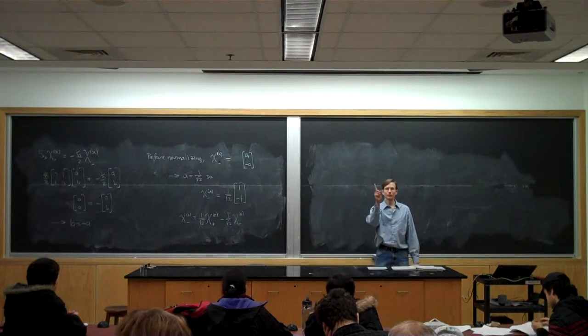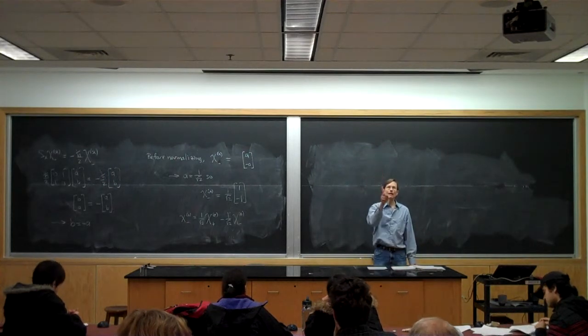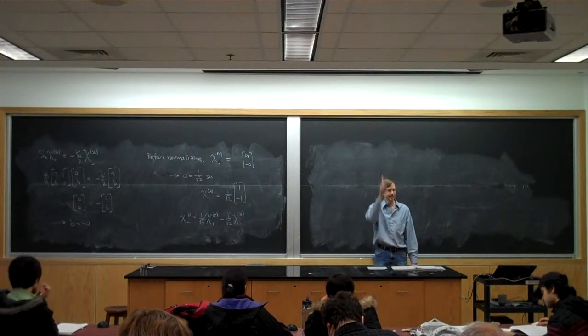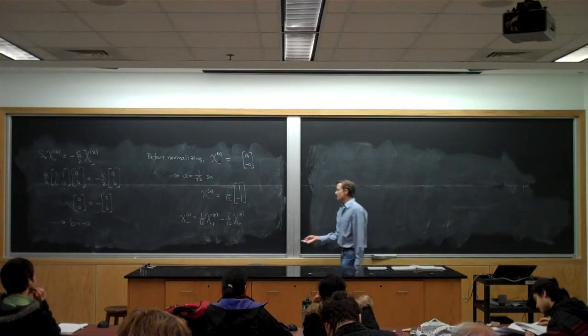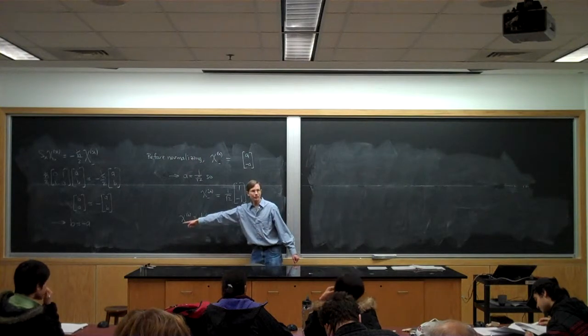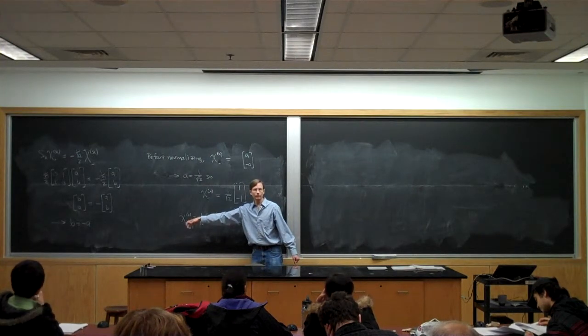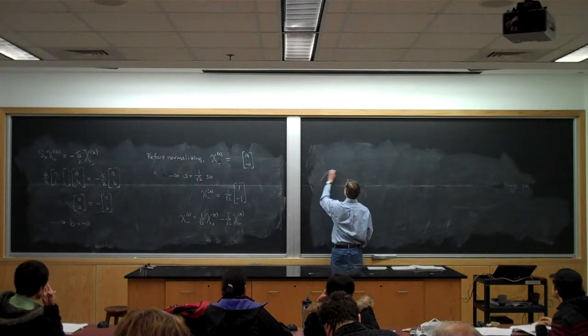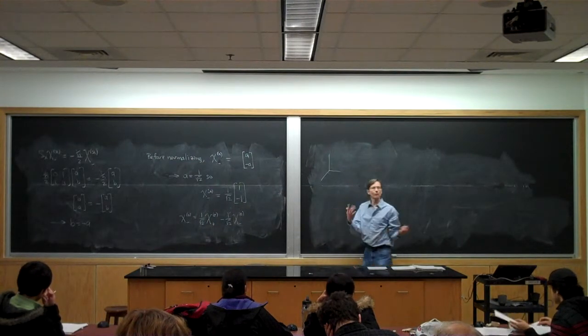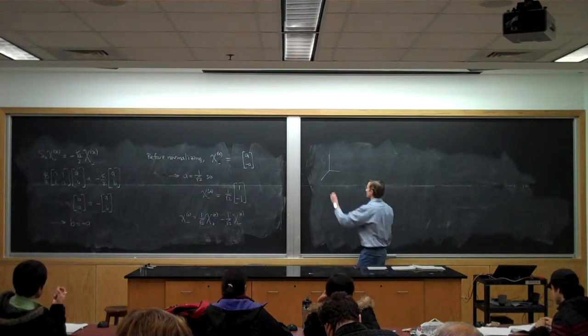Now, if I took a direction which was, say, 5 degrees away from the z-axis in the xz plane, what you would find is the eigenspinors in that direction, although I won't go through the details, you can get it from one of the problems by plugging in appropriate theta and phi.